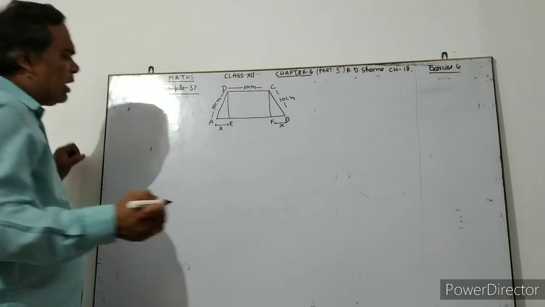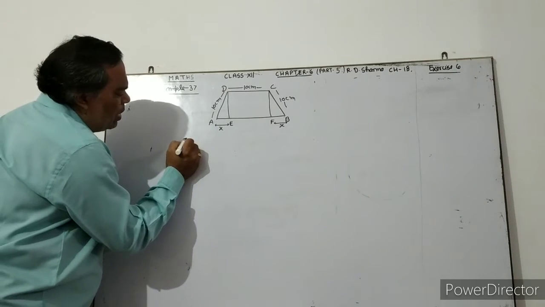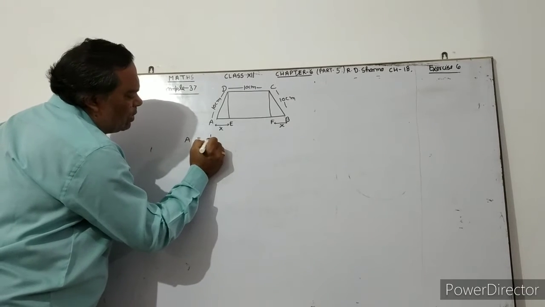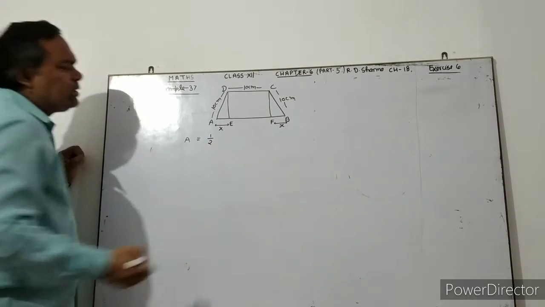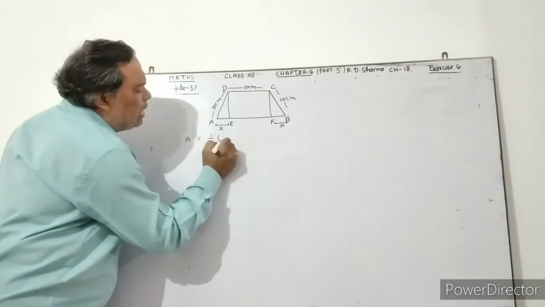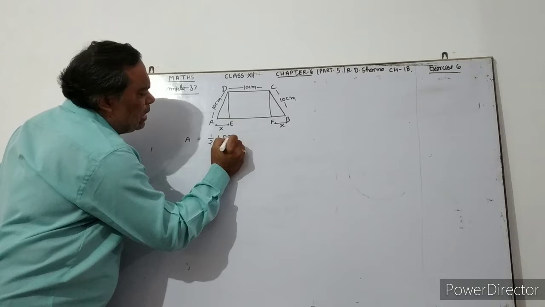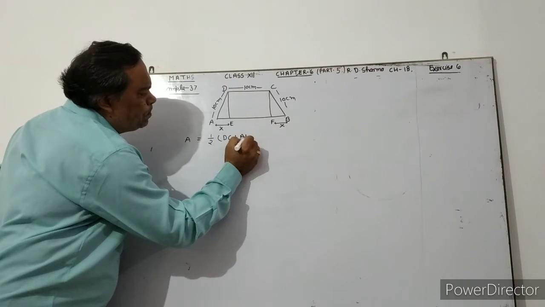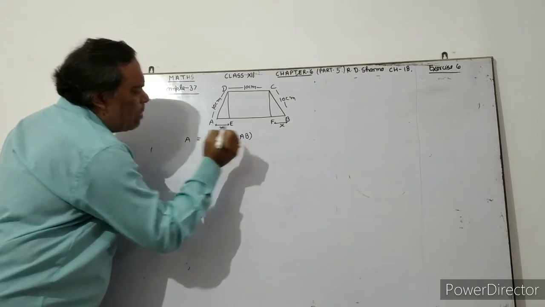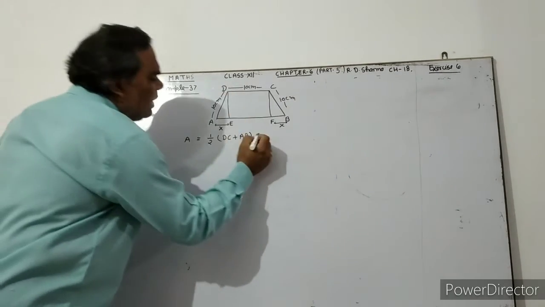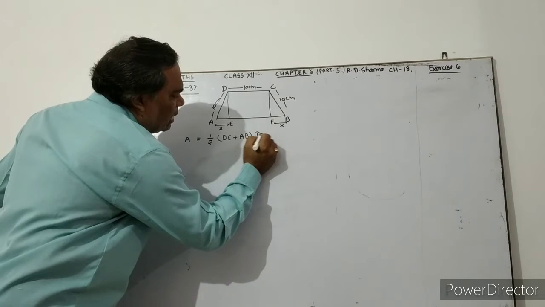The area of the trapezium is half the sum of the parallel sides, this means DC plus AB, into height. What is the height? DE is the height.